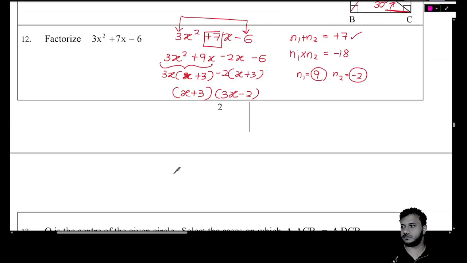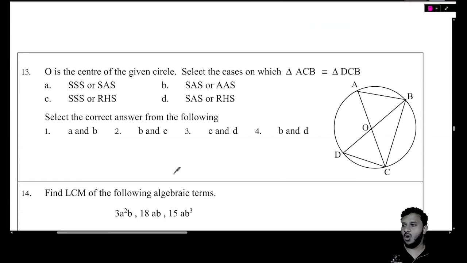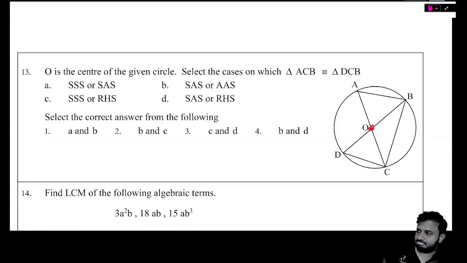Yep. Next one. O is the center of the given circle. Select the cases in which triangle ACB is congruent to DCP. So O is the center. We know this is making 90 degrees here and this is making 90 degrees here.